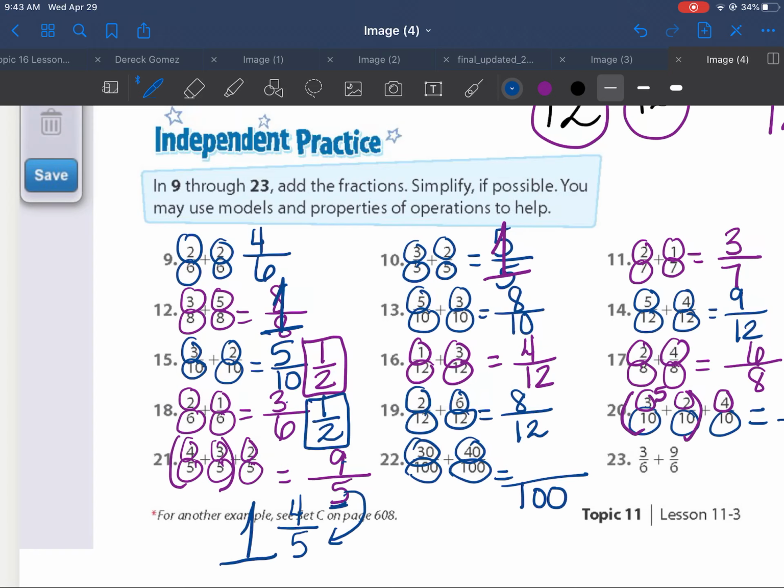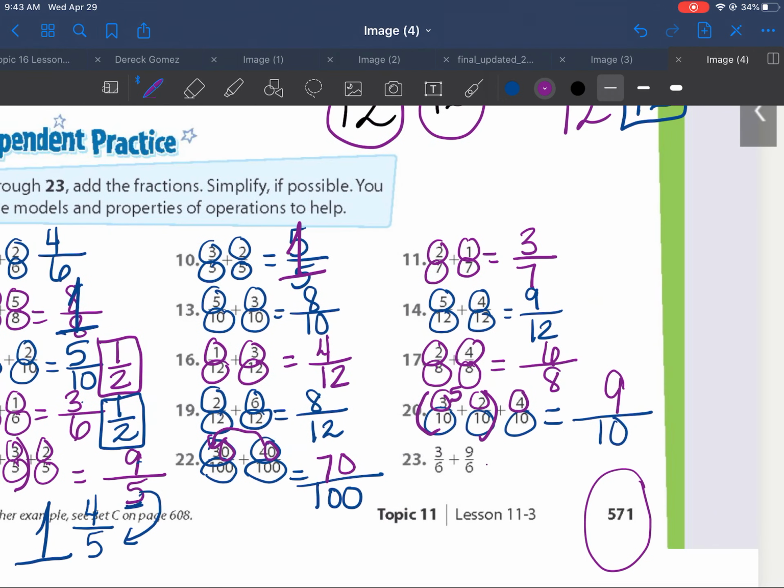Number 22, denominator stays the same. 40 plus 30. This one's easy because they have zeros. So I'm going to say 4 plus 3 is 7. And then the 0, 0 plus 0 is 0. Denominator stays the same. 9 plus 3 is going to be 12.